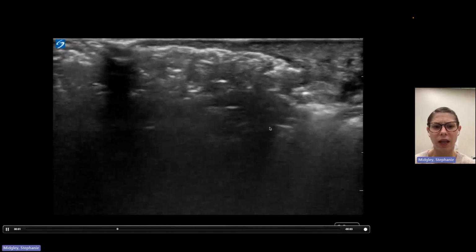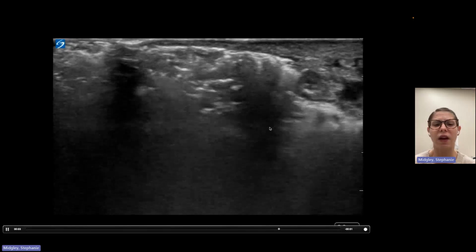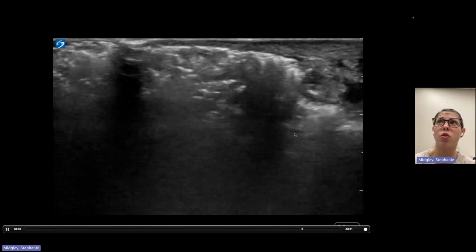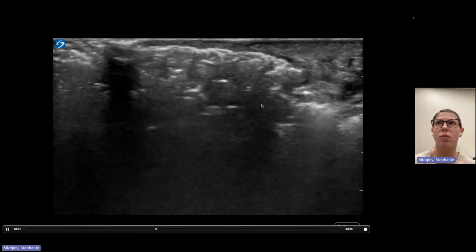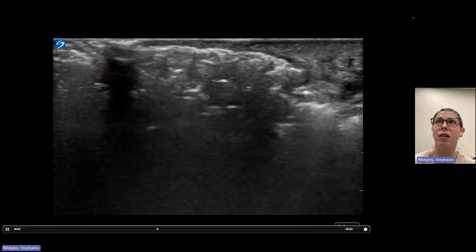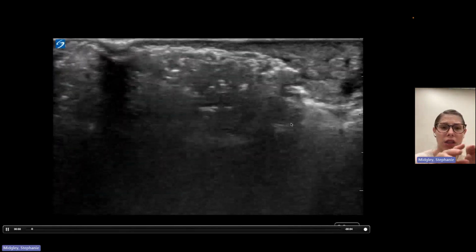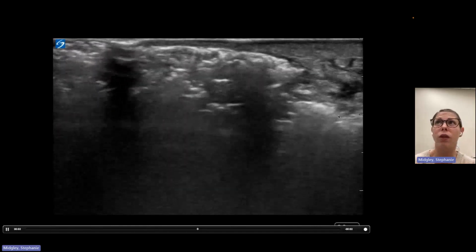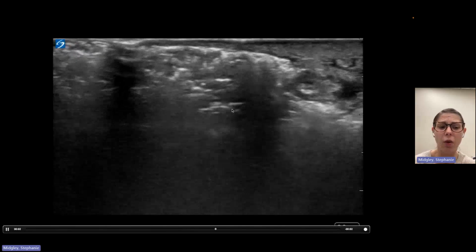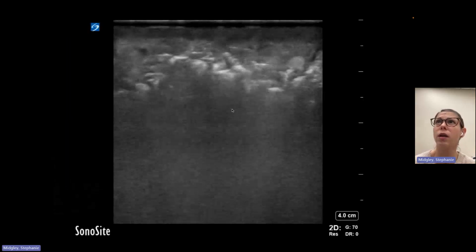He had a wound on his leg that looked nasty, with foul-smelling, dishwater-looking discharge. And this was his leg. There was so much air, you could just feel the Rice Krispies underneath on the exam. And as we push down, you can see the bright white and the shadowing just shimmering back and forth and moving. So this is all air within this gentleman's soft tissue. He did go on to lose his foot, unfortunately.